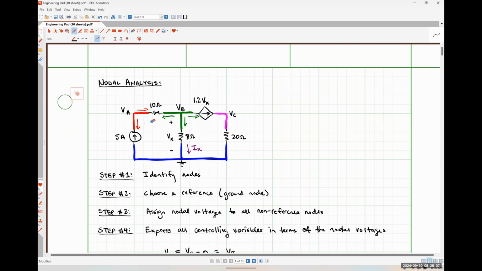So if I want to know the current that is flowing down through that branch, because it's in the opposite direction, I have to add a negative sign to the magnitude. When we're looking at the 1.2 Vx source, the green arrow, this is the current that we're trying to express. It's in the same direction as the arrow on the current source. So we give it a positive sign because we didn't need to change the direction.